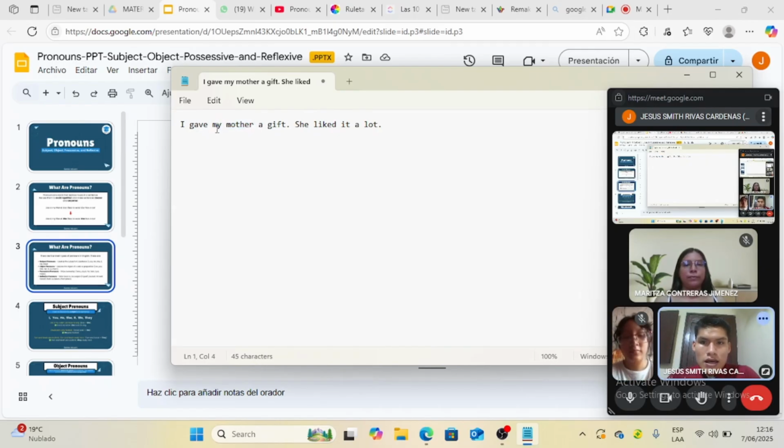So I am avoiding repetition. But if I use the same noun in the second sentence, it will sound very unnatural.